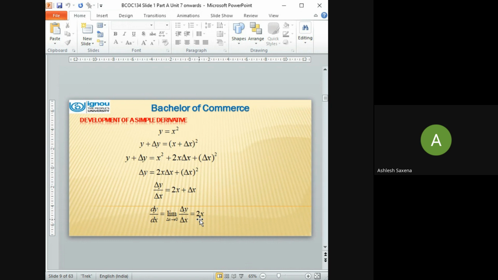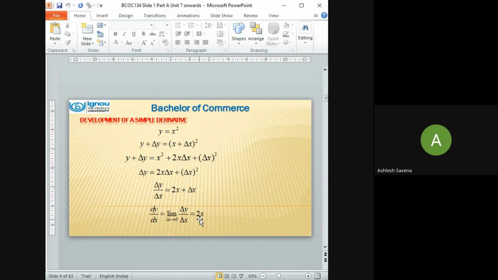Now you have to apply everything as usual, because you have to apply (a plus b) whole square. In this case, it will be x square plus 2x delta x plus delta x square. On the left hand side, you can see that it is y plus delta y. So we can replace y by x square. When we replace y by x square, the x square from the left side and the x square from the right hand side will get cancelled.